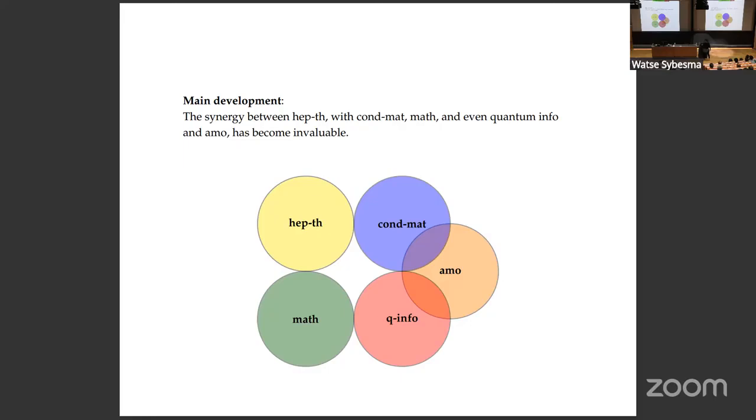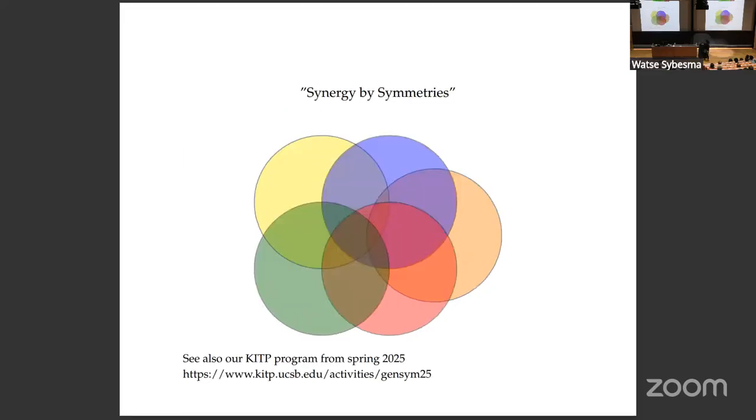And if you don't know what AMO is, it's atomic, molecular, and optics. And literally, through these symmetry structures, these things have come together. There are questions that you ask in one field, you answer it, and then you can use that to answer other questions in these neighboring fields. And I want to explain to you how this works, in a particular instance.